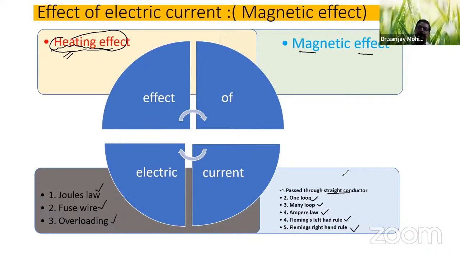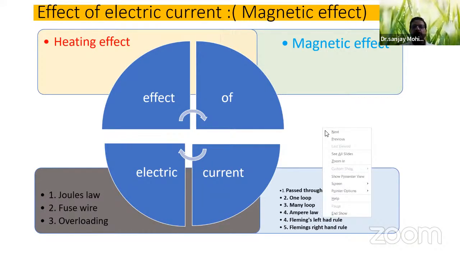In today's lecture, we are going to deal with the heating effect and the magnetic effect. So let us move to the heating effect and the magnetic effect as you see on the screen.